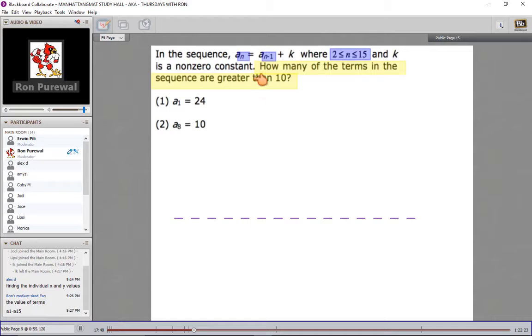Remember that the sequence subscript n just means the nth term of the sequence, right? So if n is 2, that gives you a sub 2 equals a sub 1 plus constant. If n is 3, that gives you a sub 3 is a sub 2 plus constant.